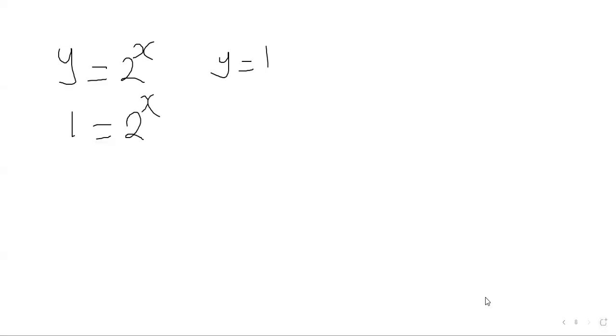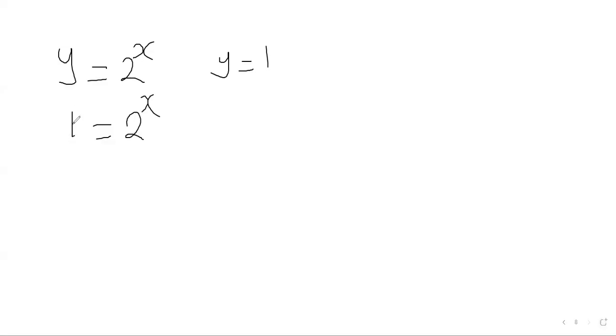Since the value of y has been found, if we now go back to our original equation, y was what? y was equal to 2 to the power x. And now the value of y that we've calculated is 1. So where there is y here, you plug in a 1 and you have 2 to the power x. And what do you think happened for this part here to be 1?